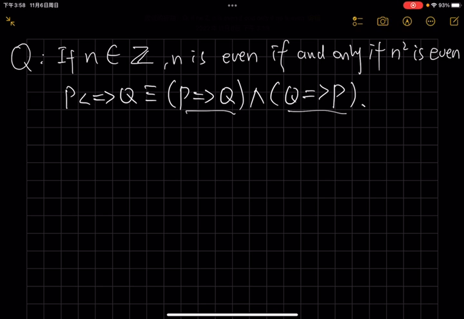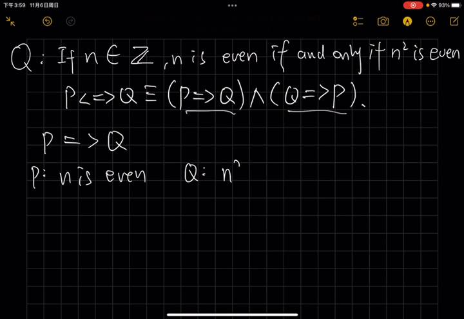So first let's prove this: P implies Q. P is the hypothesis and Q is the conclusion. In this statement, P would be n is even, and Q would be n squared is even.